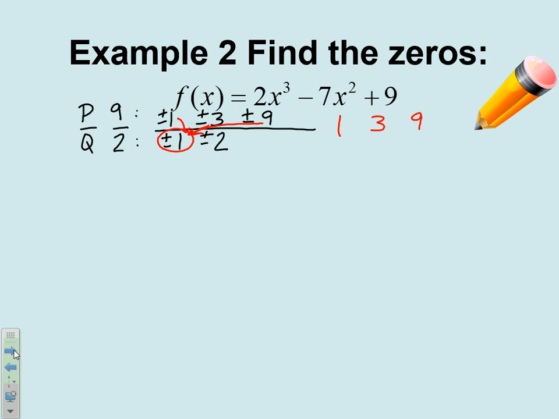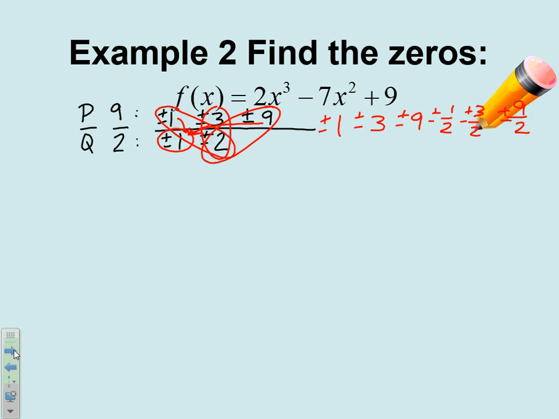And then we're going to divide everybody on top by the 2. 1 divided by 2 is 1/2. 3 divided by 2 is 3/2. And 9 divided by 2 is 9/2. So I'm going to put plus or minus in front of all of these. This is the list of possible hints that we can use to get this started, essentially.